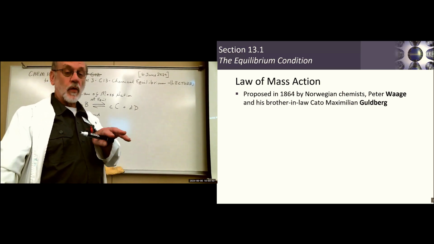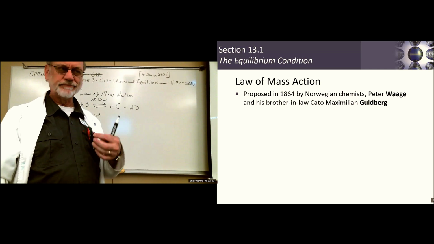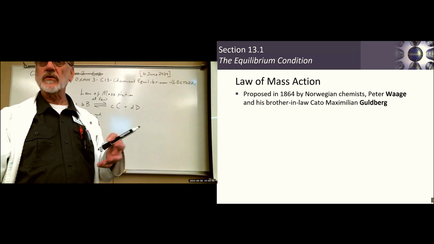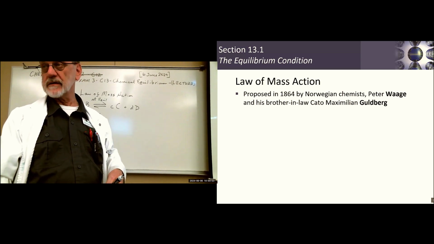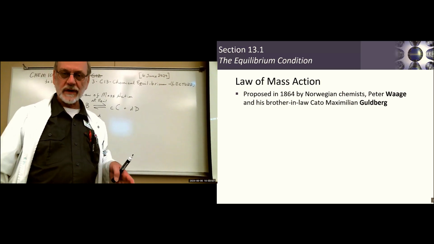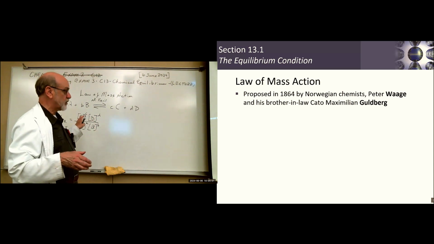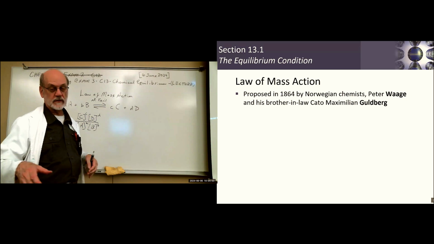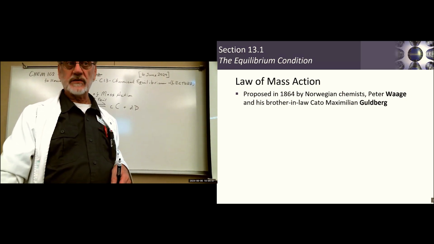But they did their work before any substantial contributions were made to the understanding of kinetics. Kinetics came after this. But now that we know a little more about kinetics, that's a better approach, to do it first and then go this way. But historically, the equilibrium investigations came first.